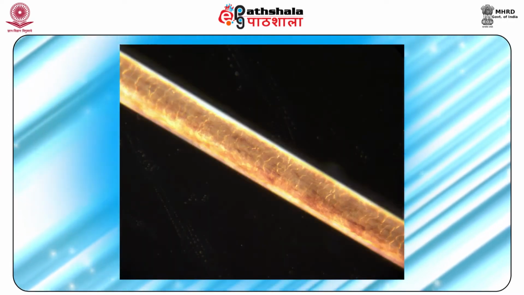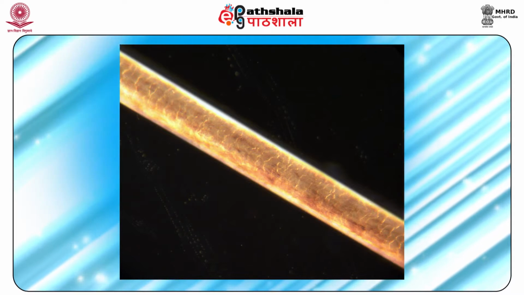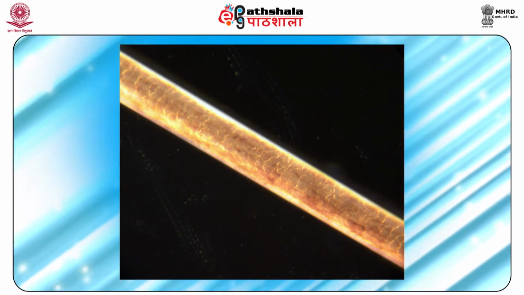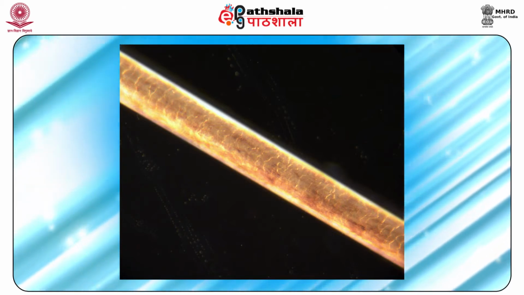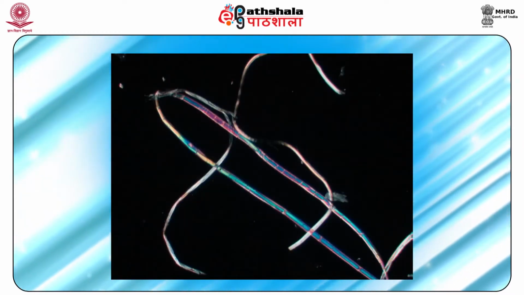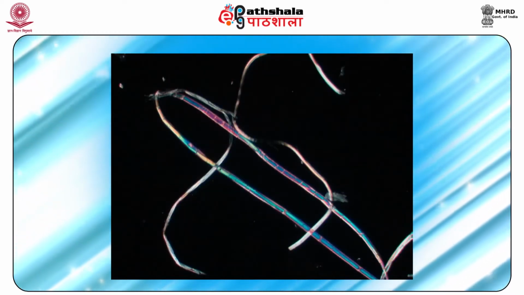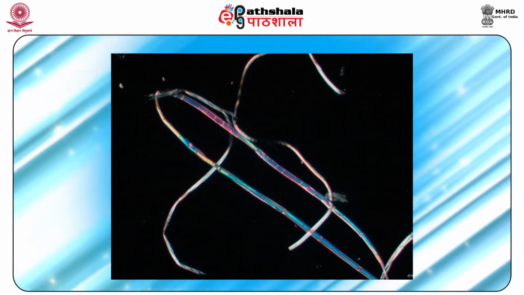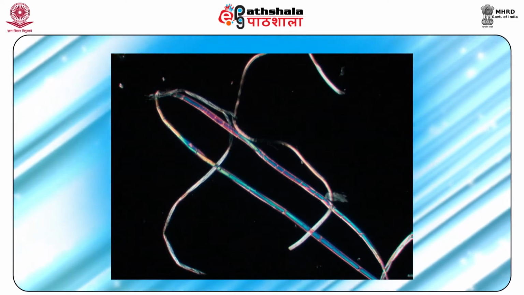In comparison, a human hair is about 70 microns in diameter, and fine talcum powder is about 10 microns in diameter. In general, the softer materials will have the smallest fibers, and the more durable materials will have the largest fibers.